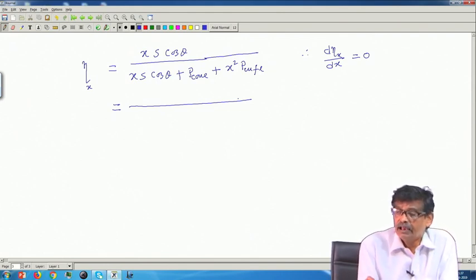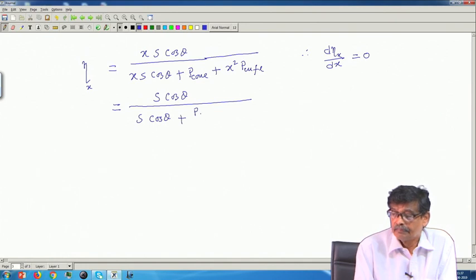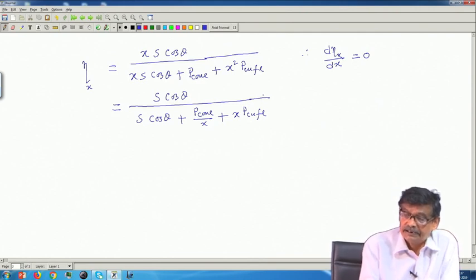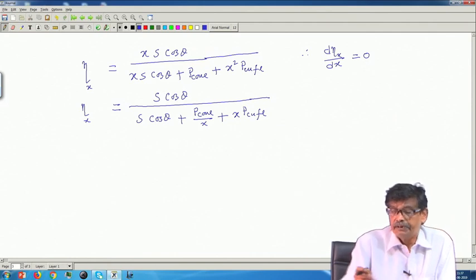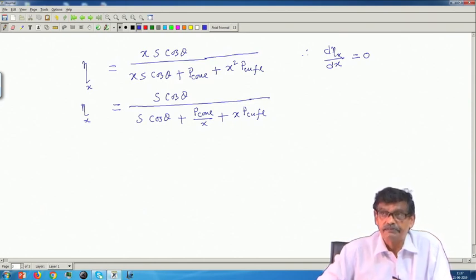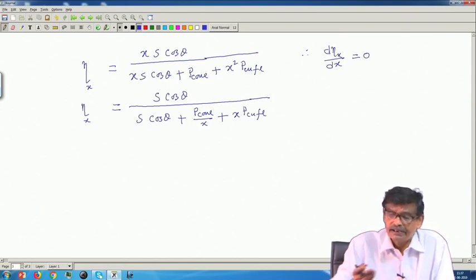What I will do is, I will divide both numerator and denominator by x. So, it will be this plus of x PCU full load. This will be the expression eta x. Now, by dividing numerator and denominator by a factor x, the degree of loading which is varying in this case, numerator has become constant.